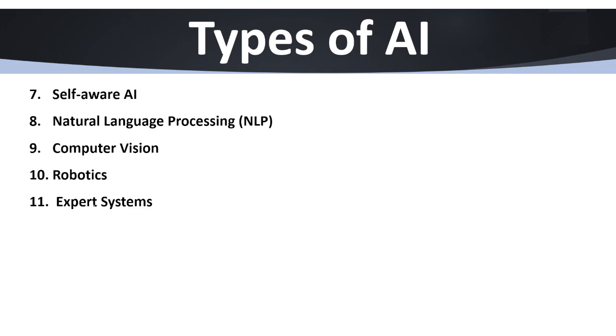Another is expert system. So an AI expert system is a type of AI that uses rules and knowledge to solve specific problems.